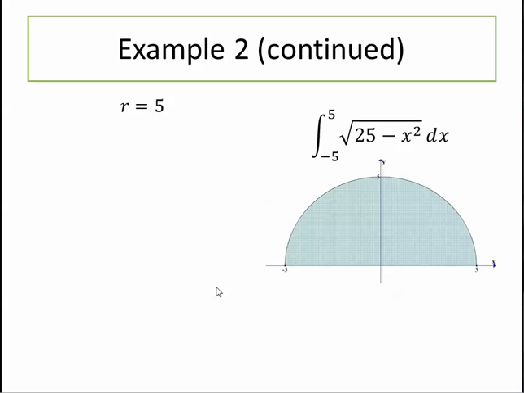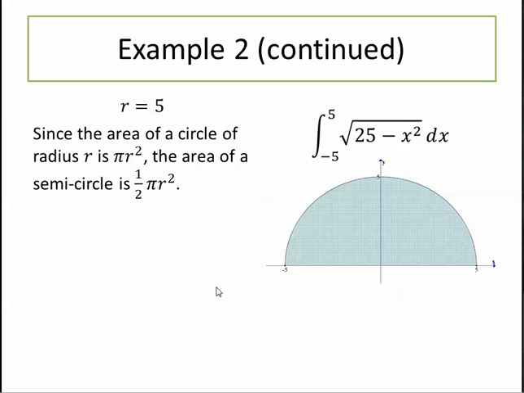So I can go ahead now and graph my integrand here. It's the upper semicircle of radius 5. Now I need to evaluate this integral, and the only thing I know is that that integral represents the area under the curve from minus 5 to 5.